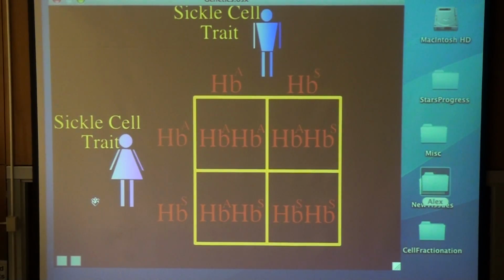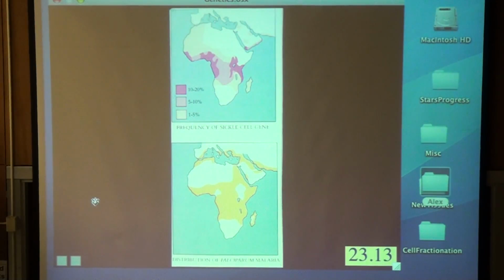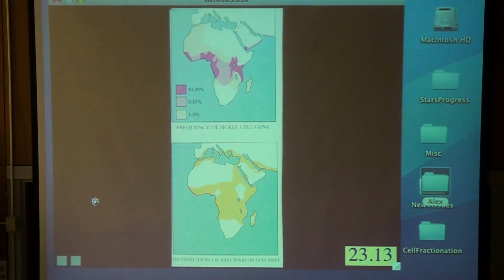But as I was saying, in people of African ancestry, there's a lot more of the HBS allele in the population. And there's kind of an interesting story to that, evolutionary-wise. What they found is that the sickle cell trait gives some resistance to malaria, which is why they think it's so high in Africans.